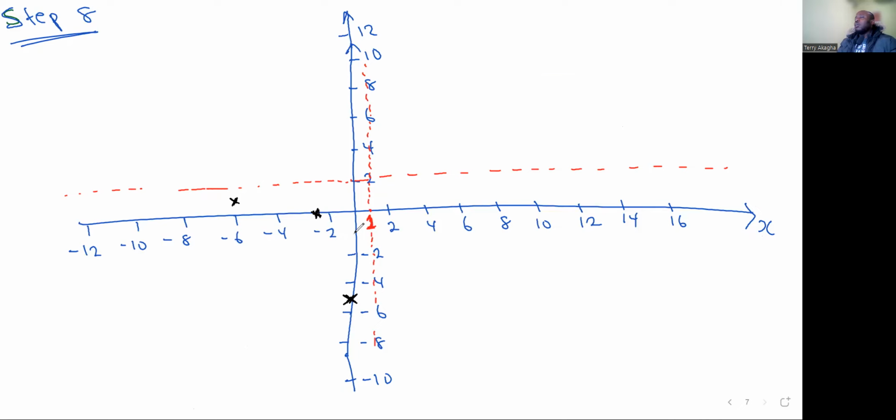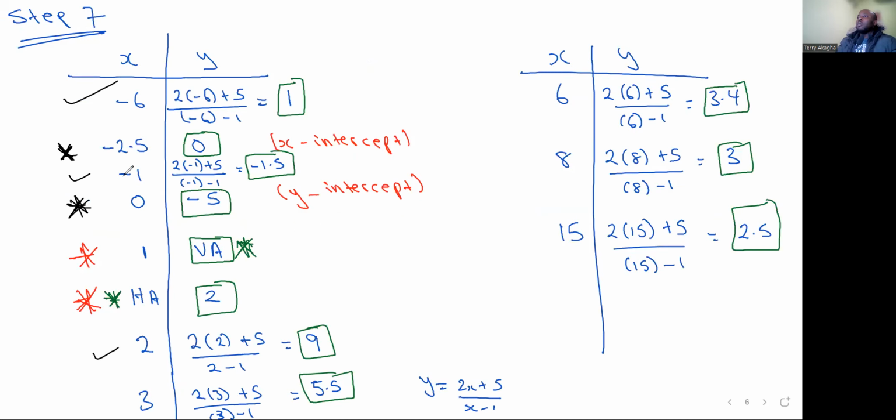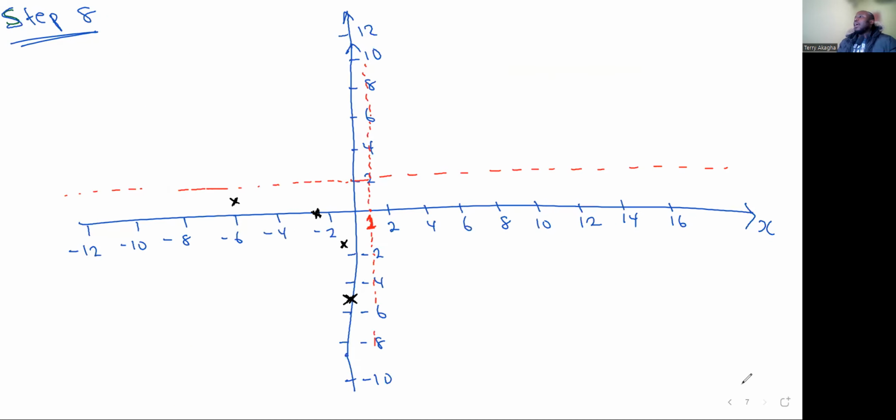If this is -1, then -1.5 should be somewhere around here. It's a sketch, so it's not going to be perfect, but you get the idea. Then the next one is 2 and 9, x is 2, y is 9, so somewhere around here.